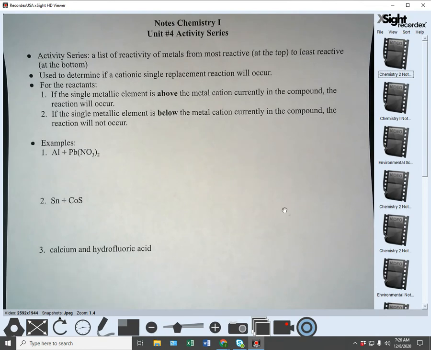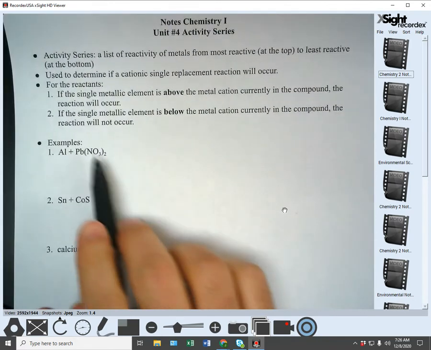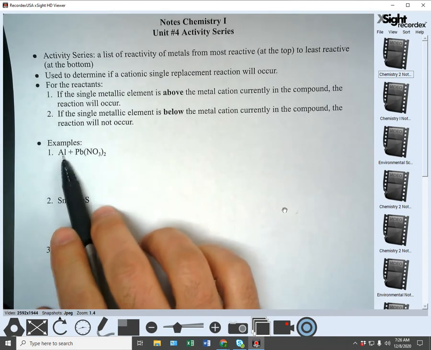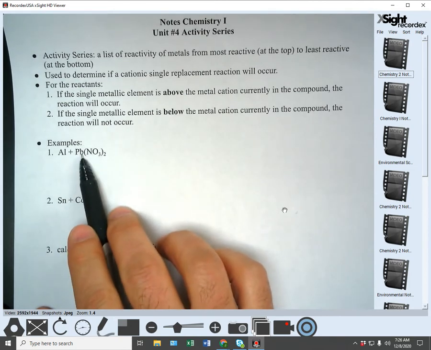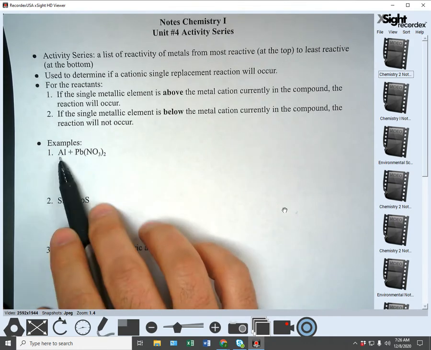The strong guy and the girl are still together. The wimpy guy can't take her away. So same thing here. If the single element is weaker or less reactive than the element already in the compound, no reaction will happen because it's not strong enough to take the anion away.